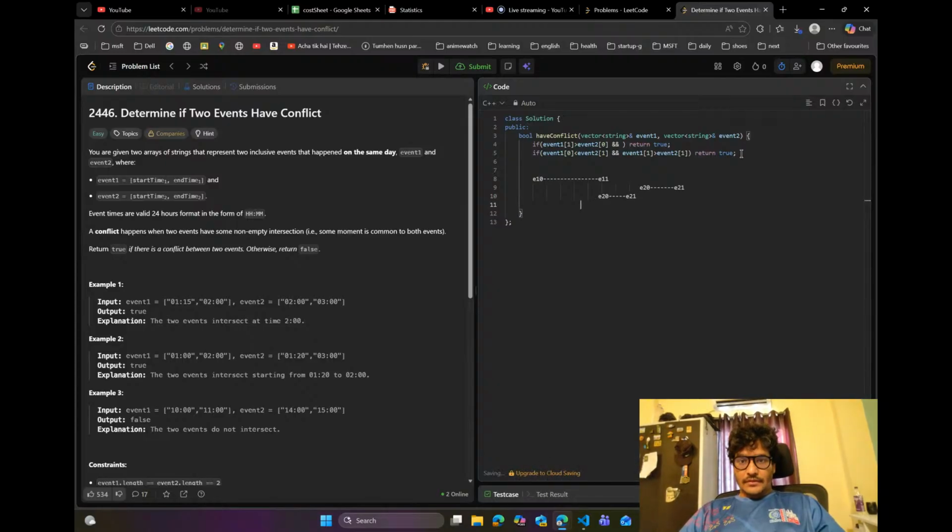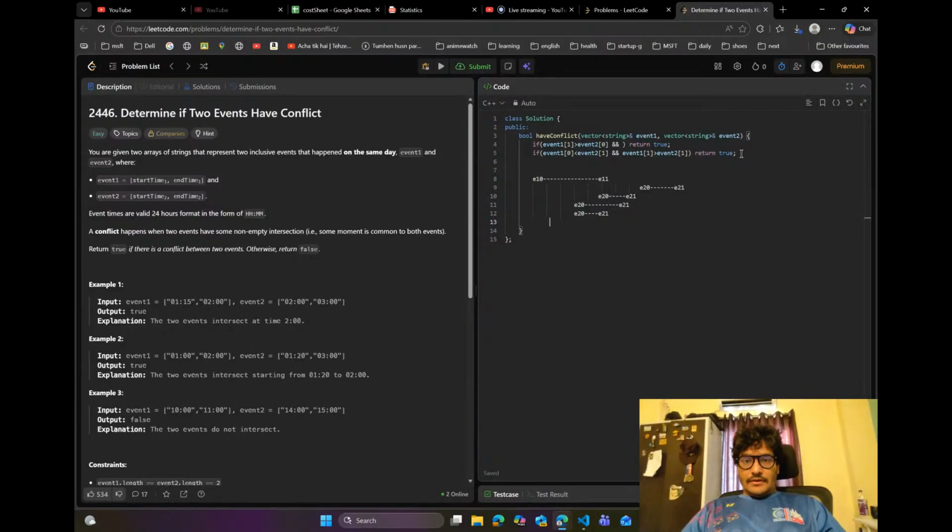or event 2 can be here, or here, like in the same line as this one. Yes.